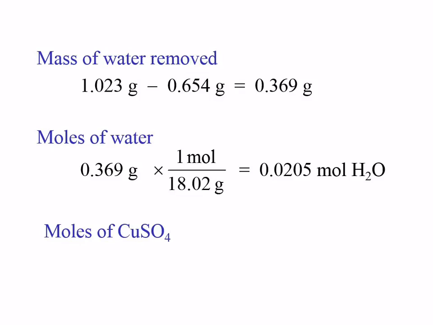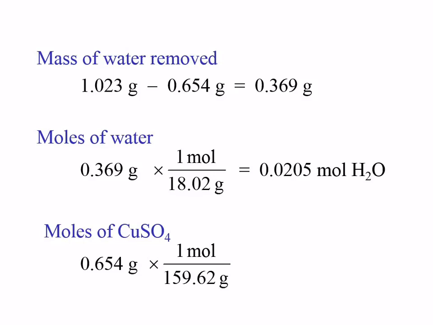0.0205 moles. And we're going to do a similar thing to get to the moles of copper 2 sulfate. Given in the problem, the anhydrous salt was 0.654 grams over 1. The molar mass we knocked out for CuSO4 on the previous slide was 159.62 grams per mole.